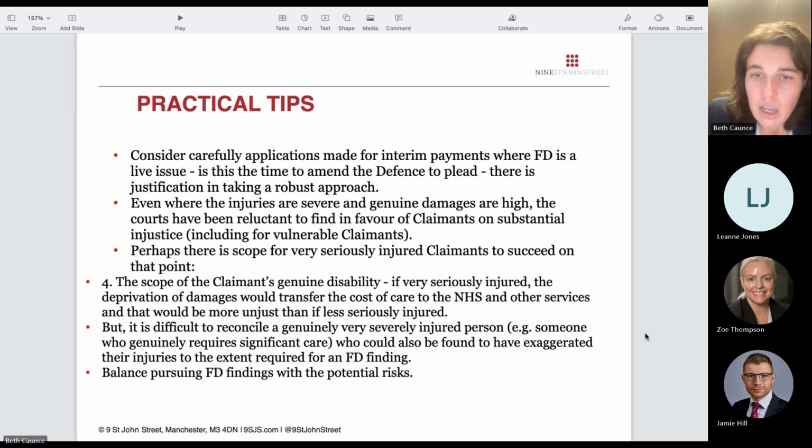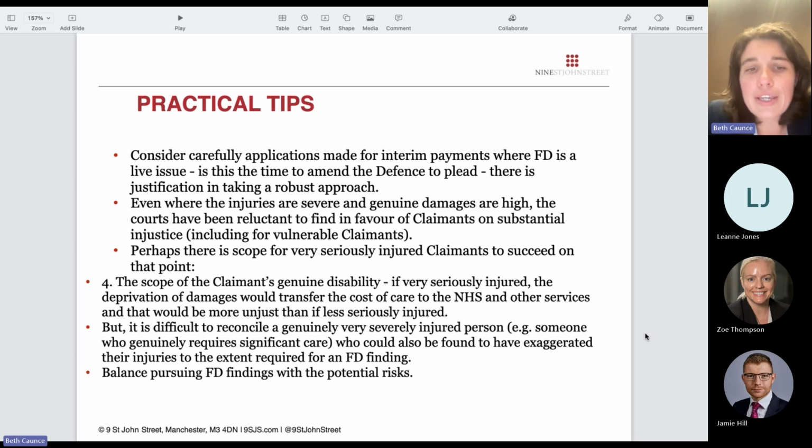Well, that in some ways, I think, could contradict what was said in the case of Shaw, which essentially was that transfer of the burden to services can be a factor in not finding that there would be substantial injustice because the basic needs of the claimant can still be met.